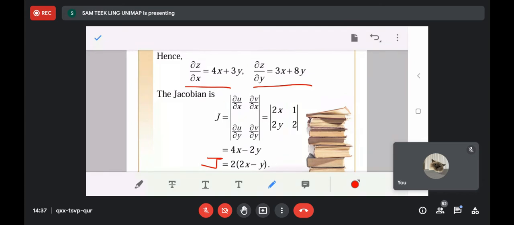J equal is 2 times 2x minus y, not J equal 2x minus y. Because both must be the same. So don't eliminate your 2. This 2. You can simplify, but these 2 must appear.